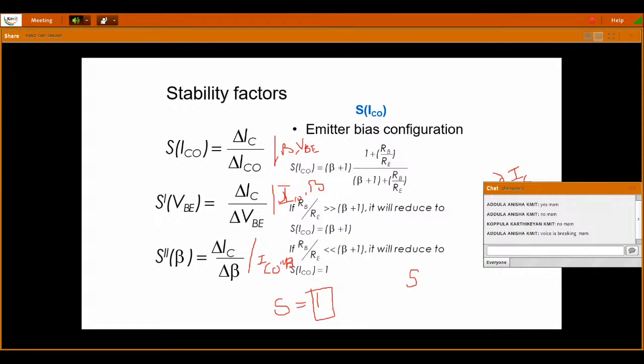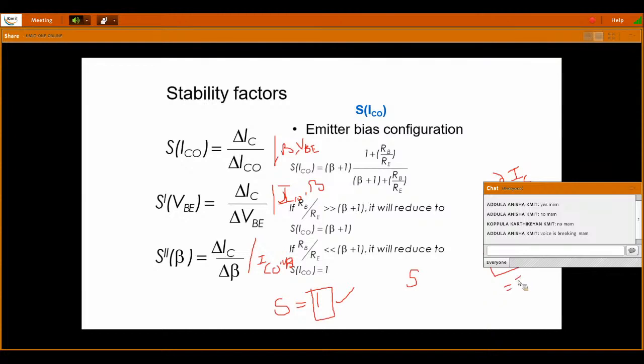If I am taking a fixed bias circuit in an amplifier, then the stability factor S is equal to beta plus 1, whereas in a voltage divider biasing network, the stability factor is equal to 1. So this is the ideal case, and I would prefer the voltage divider biasing rather than the fixed biasing circuit. In the fixed biasing circuit, S is equal to beta plus 1, where beta is temperature dependent.